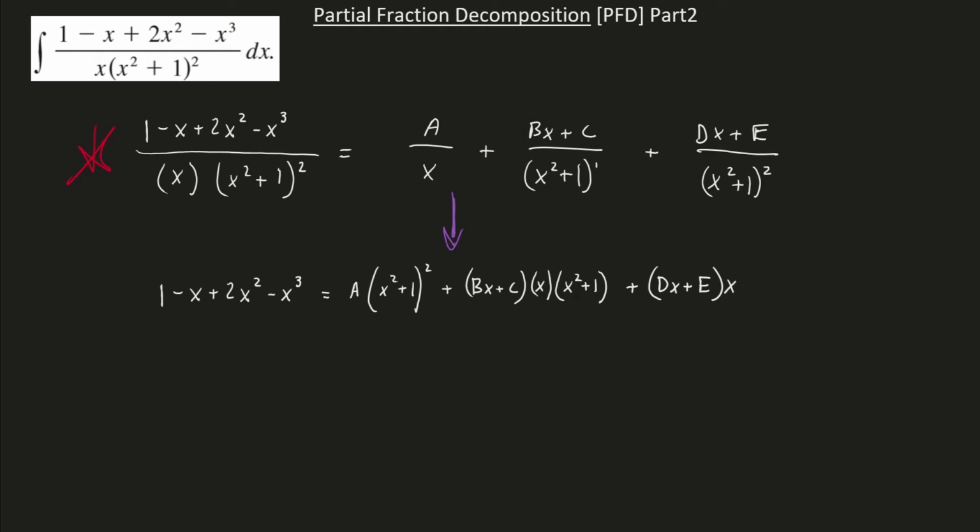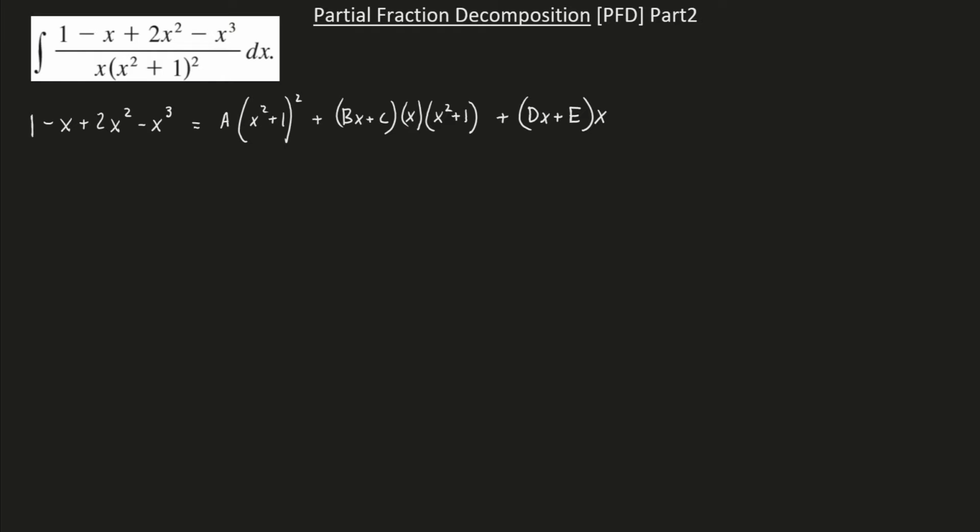And then after that, we multiplied both sides of this equation by our denominator. And when the dust settled, we got here. So the problem that we're really focusing on in this video occurs at step 3 of PFD. So we'll just focus on this.